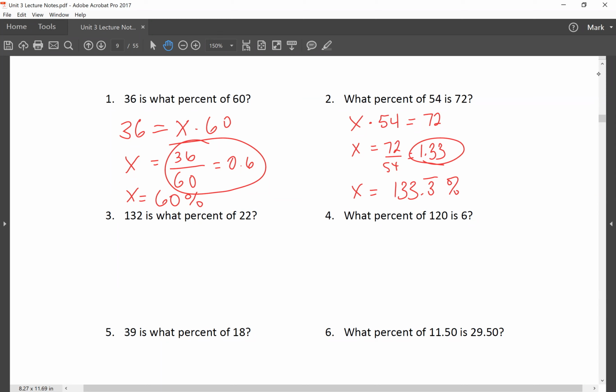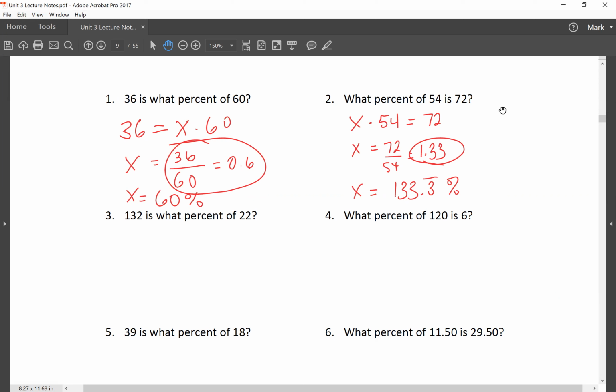It just means that this number is bigger than the original number, which can happen. Maybe not in a chemistry situation, but in a monetary situation, prices can increase by 100% or 200%. So even though it's over 100, it is pretty normal.